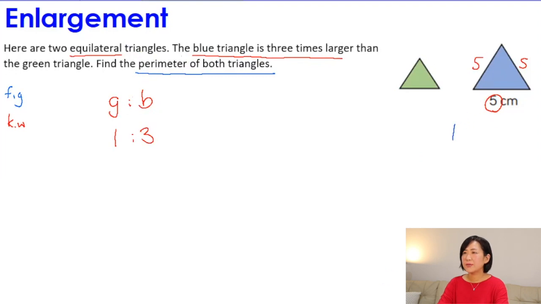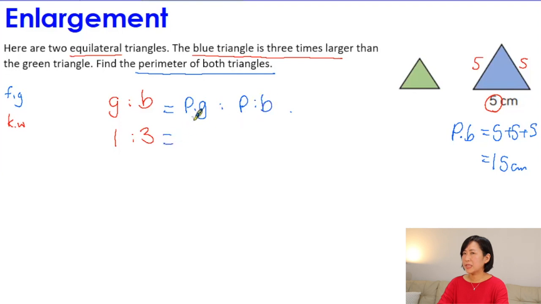Now let's calculate the perimeter of the blue triangle. For perimeter, you add up all the sides, right? So all around the side is the perimeter. 5 add 5 add 5 is 15. Now I think this question is going to be a missing part question, since we've got a ratio of green triangle to blue triangle, and we also have a missing part.